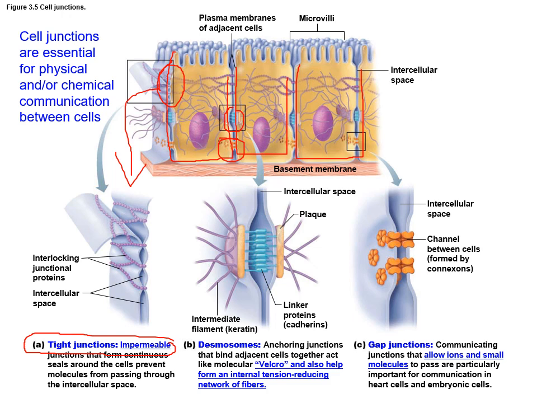Now, what if you want to have a little bit of stretch? You want to have a little bit of flexibility? Well, in that case, we're going to look for what we call an anchoring junction or a desmosome. The desmosome is going to allow the cell, and I think this picture really shows it, it shows you how you have the cell membrane of the first cell. Here is that of the second cell. And then you have your connection points, your linkers.